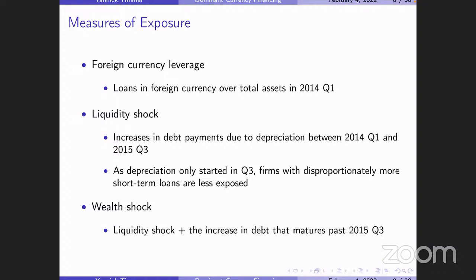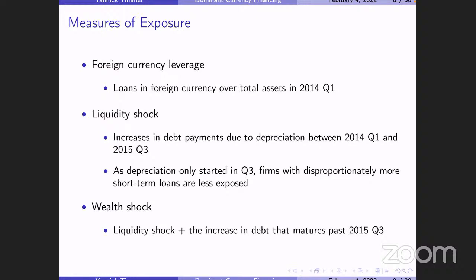Then, of course, one problem with that could be that firms are different in terms of different characteristics and not only in terms of the foreign currency leverage. So if we are trying to estimate this regression, we could mix up the foreign currency leverage with some other characteristics which are really then responsible for our result.